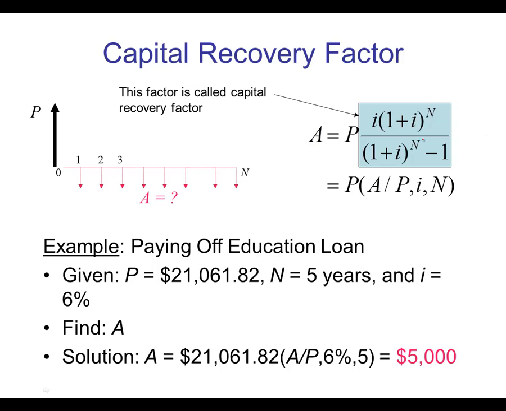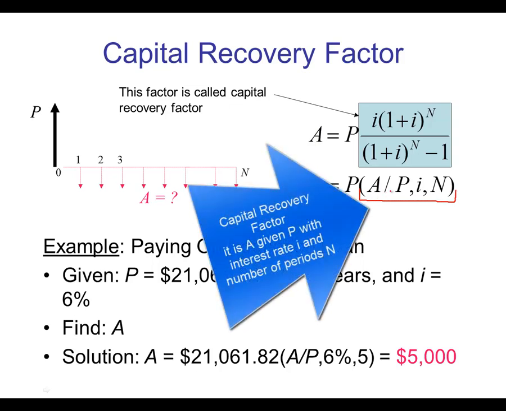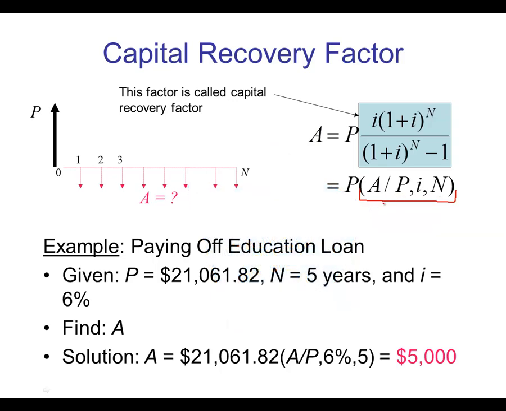This factor can be written in a different way as we used to. We can just write it as A given P with interest i and a number of periods n. And we write it like this to get it from the table in the back of the book.